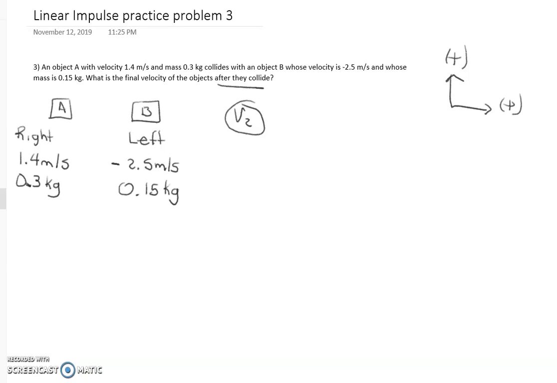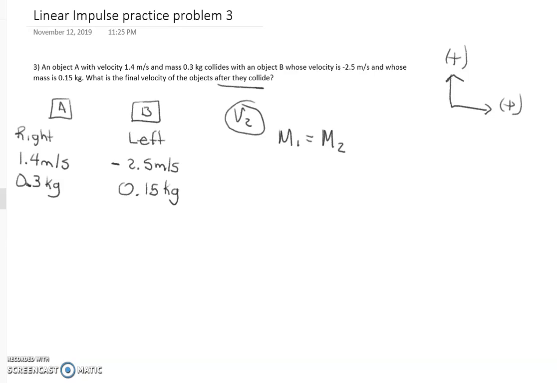So remember, the momentum before is equal, for a collision, to the momentum after the collision. The only thing is that before, that momentum is going to be the addition of each of these two objects separately, added together. And then after that, they become a unit.